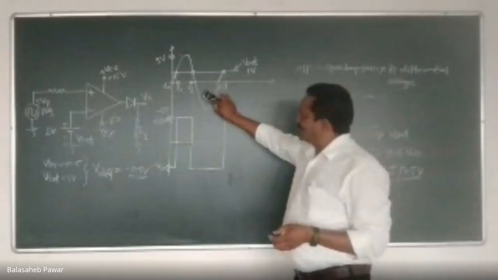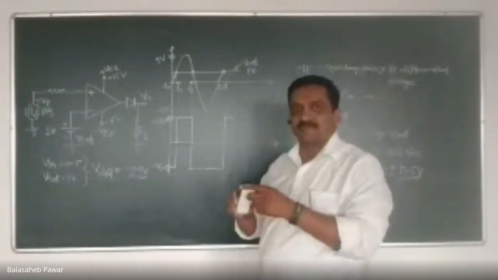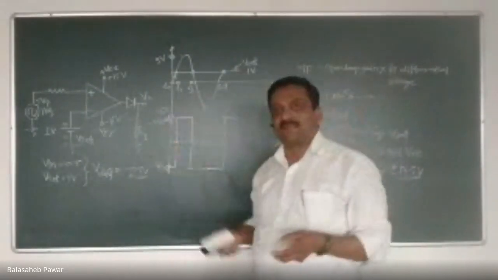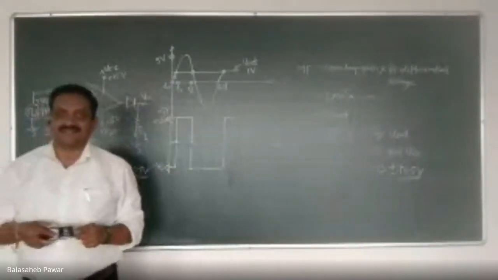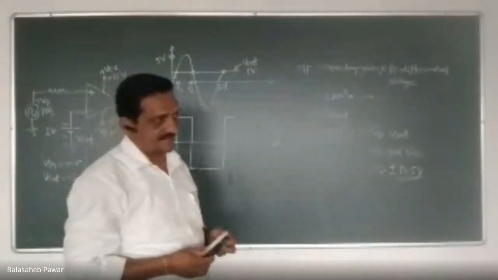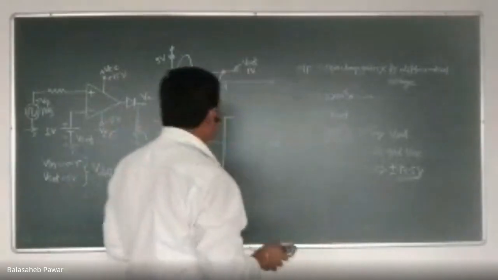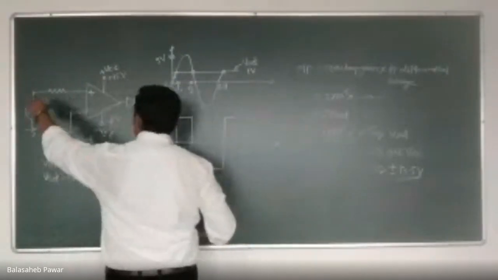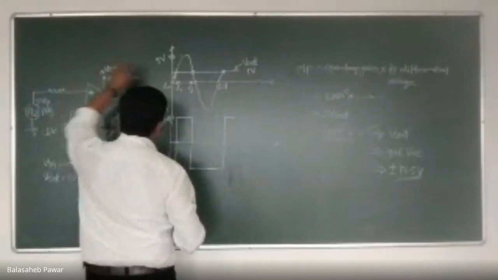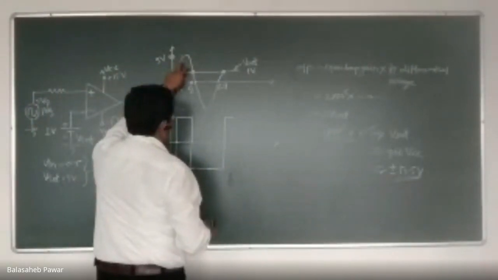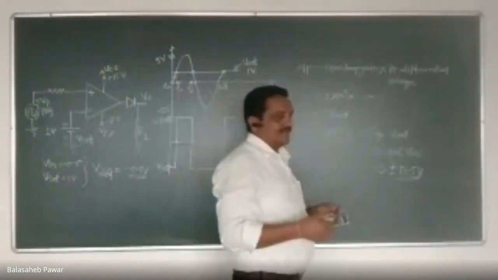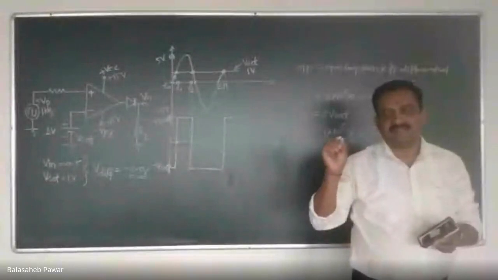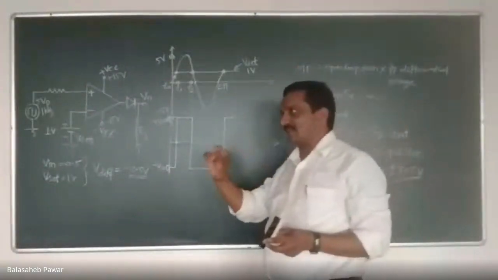To generate the sine wave is not that simple as compared to generating other types of waveforms, and the best example is the triangular waveform. So instead of using sine wave, I will prefer triangular as a carrier, and the reference voltage we will decide according to the amplitude as well as the duration of the pulse we require.